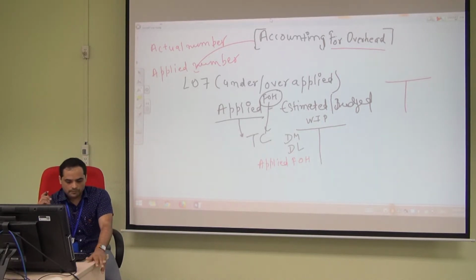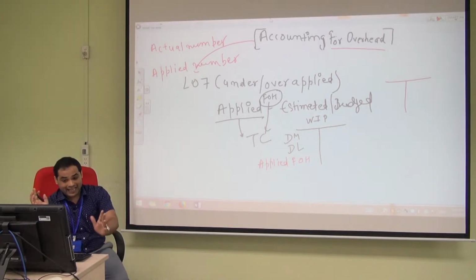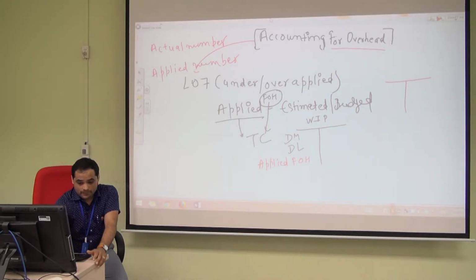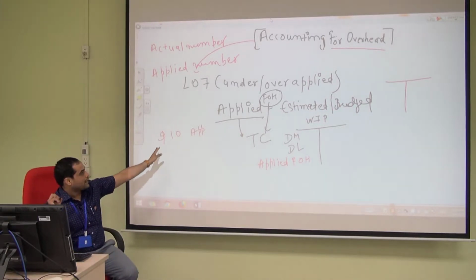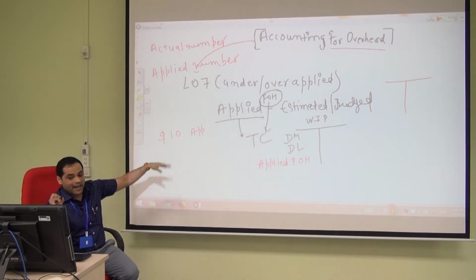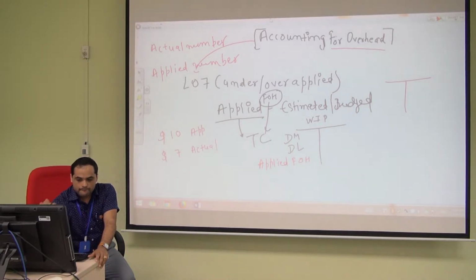So what does it mean? When I applied factory overhead, at that time, for example, I estimated my cost would be $10 applied. I thought my cost would be $10. At the end of the year, for example, I got $7, which is my actual overhead.